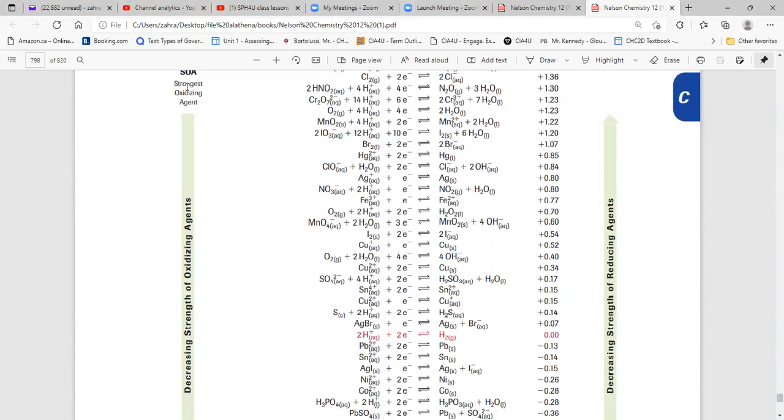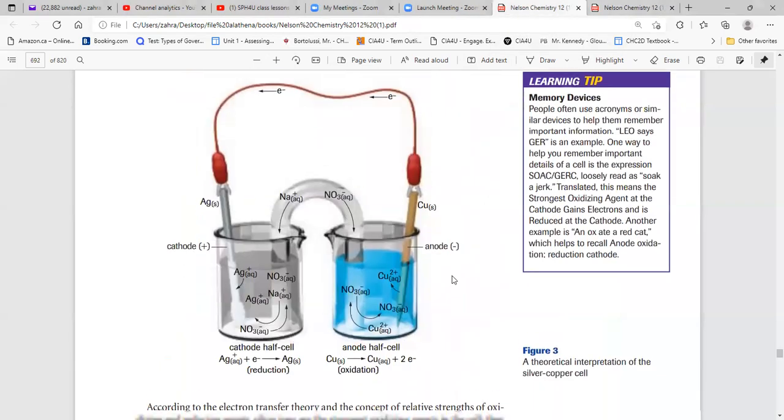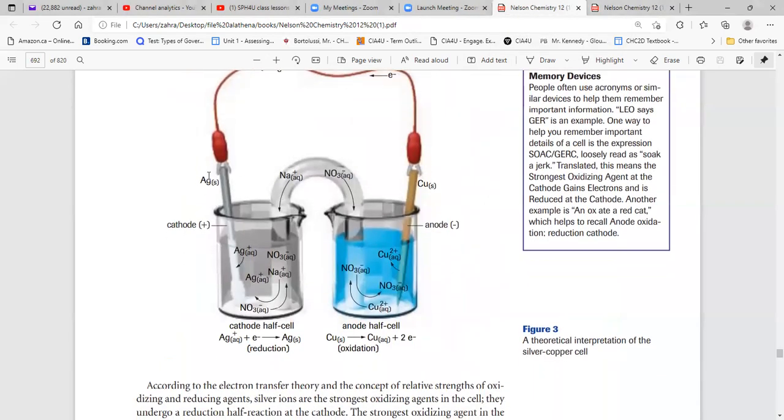Ag+ is the strongest oxidizing agent, stronger than Cu. Oxidizing agent means it receives electrons, so Ag will receive electrons and Cu will give off electrons. When it is the oxidizing agent, the reduction will happen there. And if this is the strongest reducing agent, oxidation will happen. Oxidation means giving off electrons. So electrons from Cu travel to the Ag.